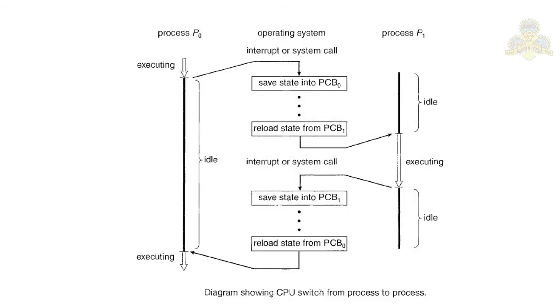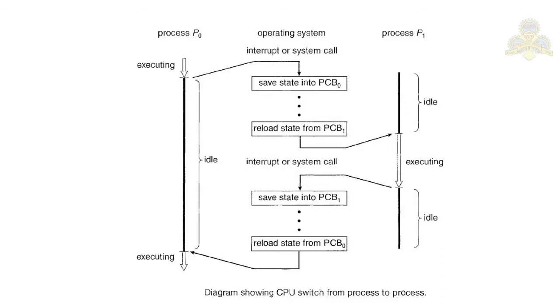Whenever this context switch occurs, the kernel saves the context of the old process in its PCB, and loads the saved context of the new process that is scheduled to be run. Context switch time is pure overhead, because the system does not do any useful work while switching from one process to another.